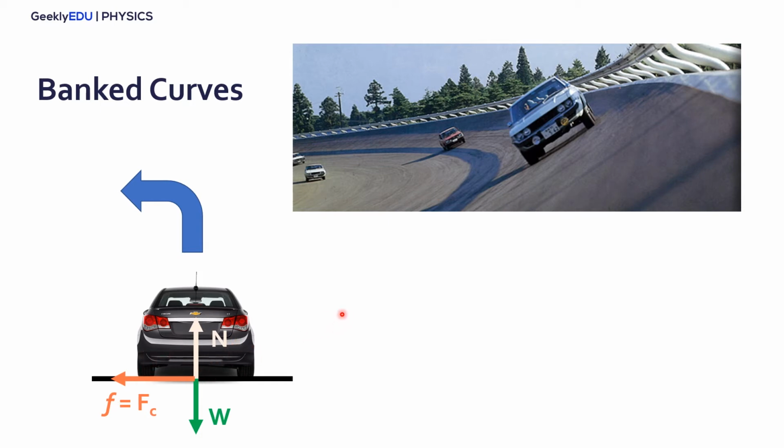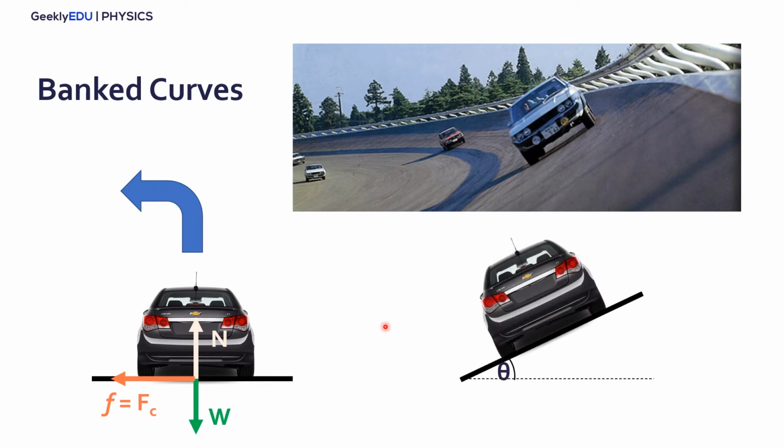Okay, so what happens now if we increase the angle of the road here? Well, now if we bank the curve, we have this at a certain angle. Let's do the force balance for this situation here. So we still have the weight pointing to the center of the earth, all right?